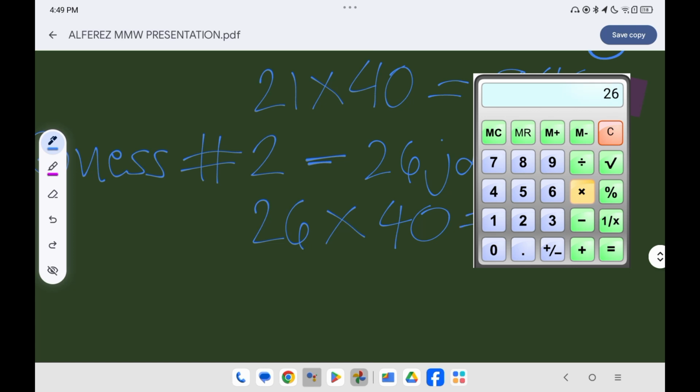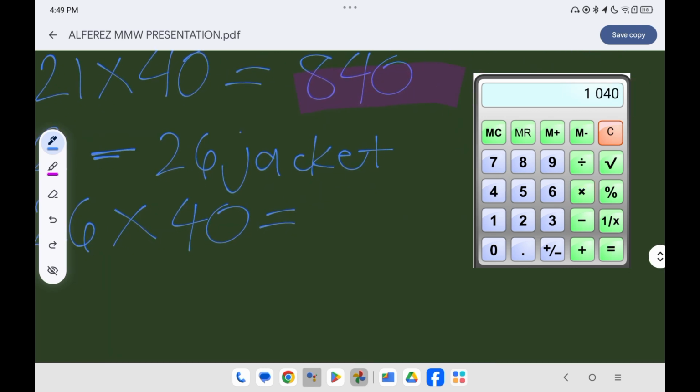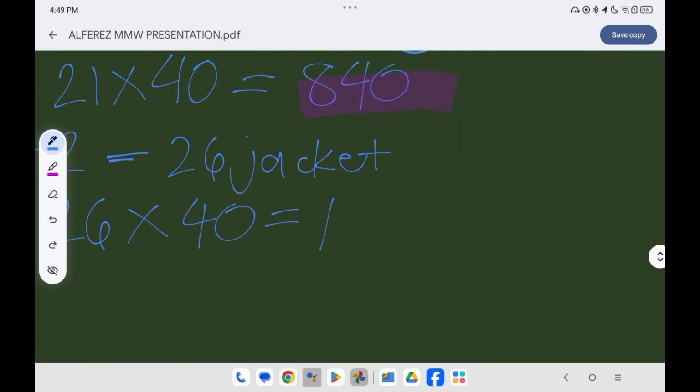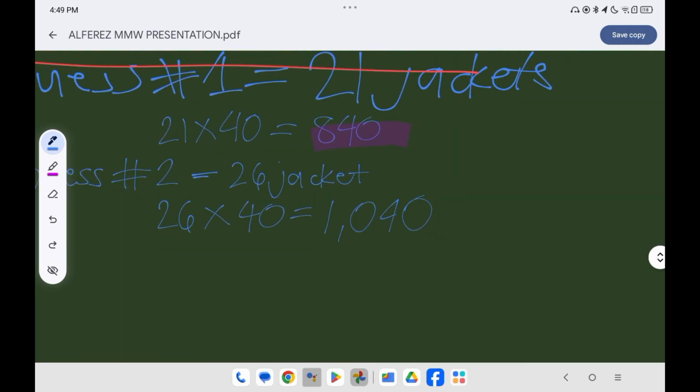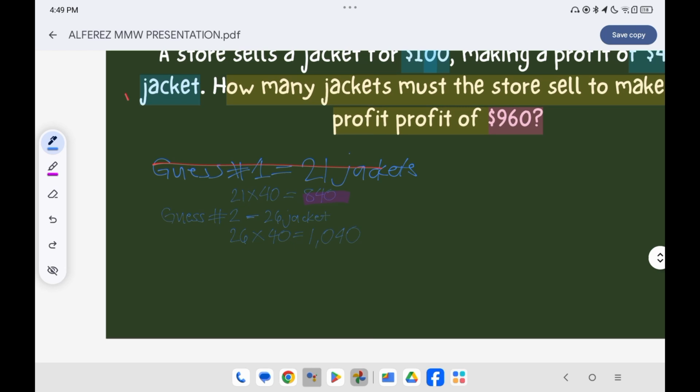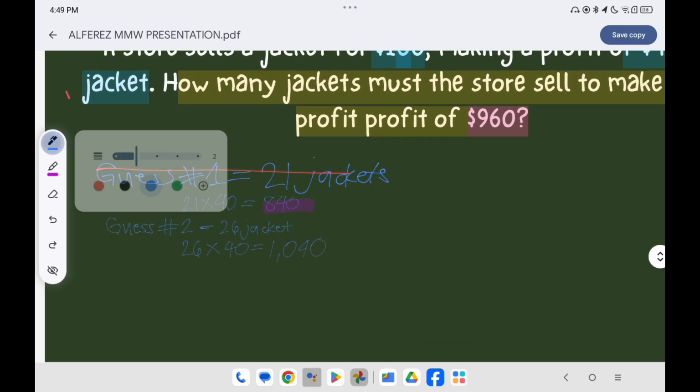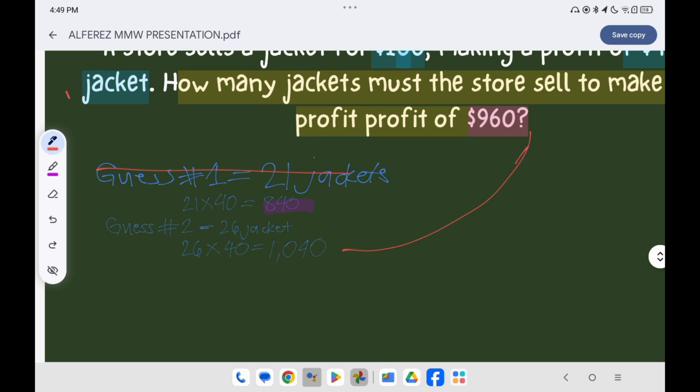What is the answer? Yep, it's 1040, which is too high compared with 960.